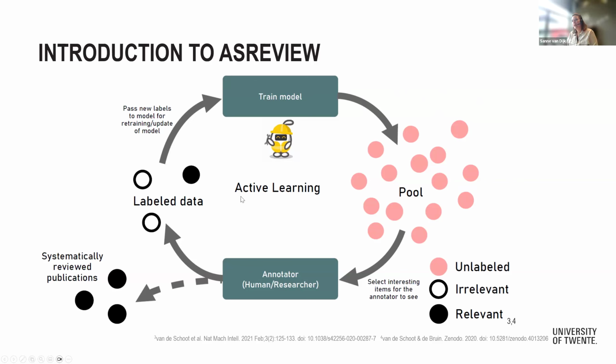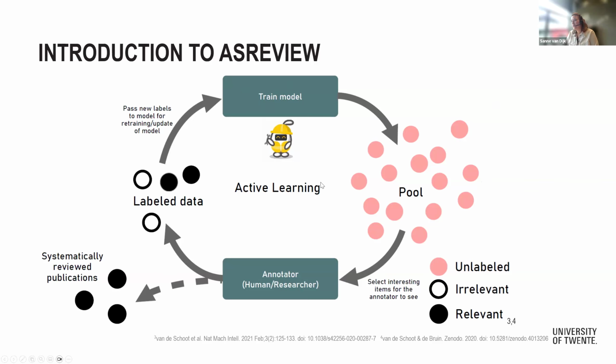And as a researcher, you then assess whether that specific item that is shown to you is indeed relevant or is not. So if it is relevant, so in this case it is relevant, it's added to the data that is labeled. And then again, the model is trained again, in fact, and bases its new decision on the labeled data until that point.